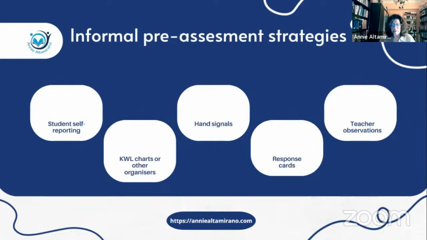And it can be done very quickly and with minimal intrusion in the instruction, because that's a point that is worrying when we come to think of formative assessment and differentiated instruction. Normally teachers think, okay, of all the things that I have to do, I also have to do this. Where will I get the time?